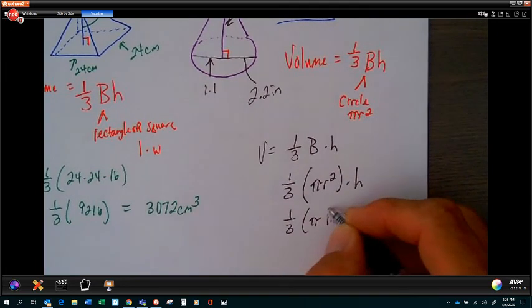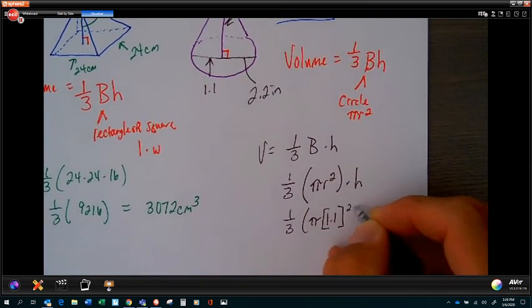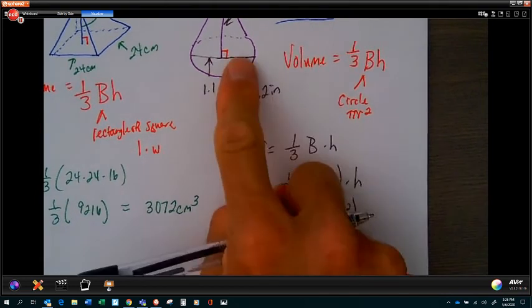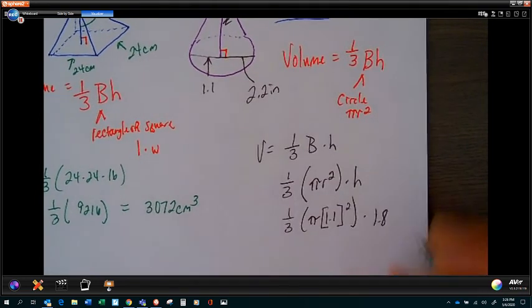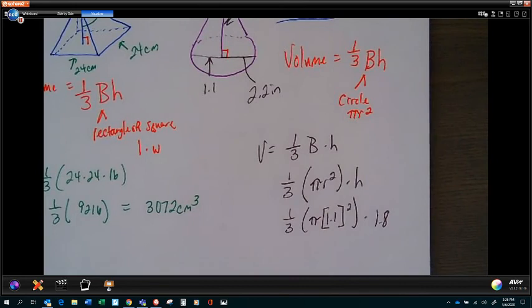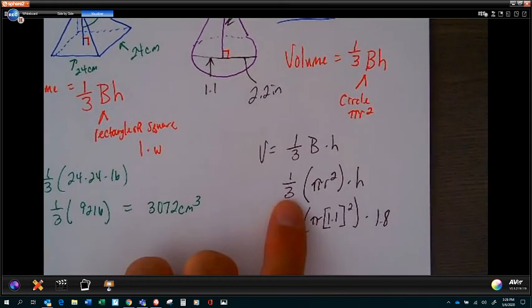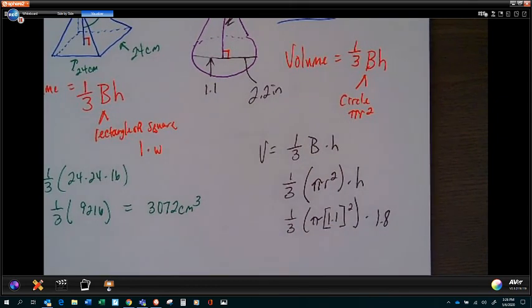We have to square that, and then multiply it, and we already know the height is 1.8. So go ahead and figure that math out real quick. Multiply 1/3 times pi, 1.1 squared times 1.8. And go ahead and hit resume when you're ready.